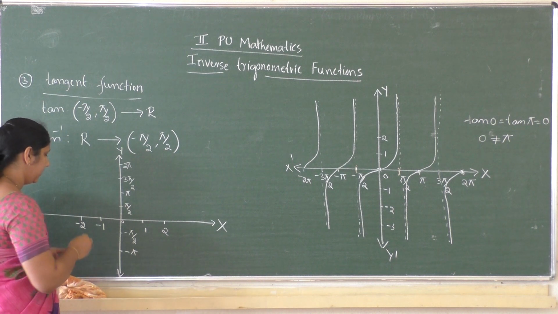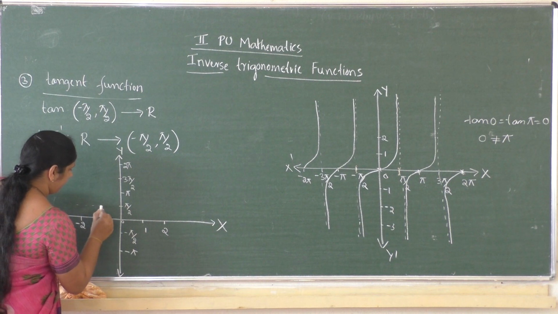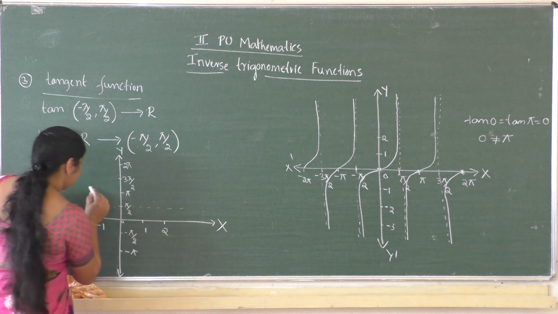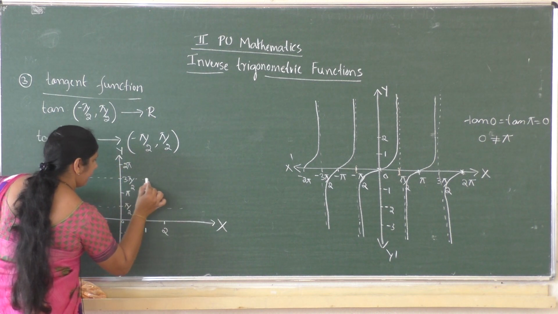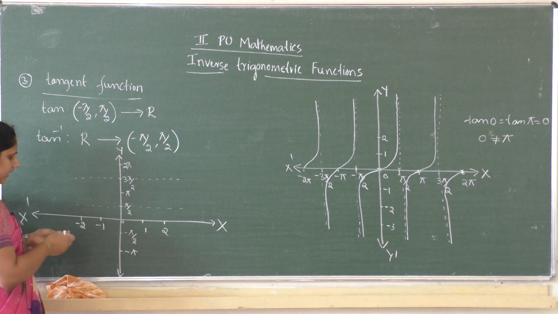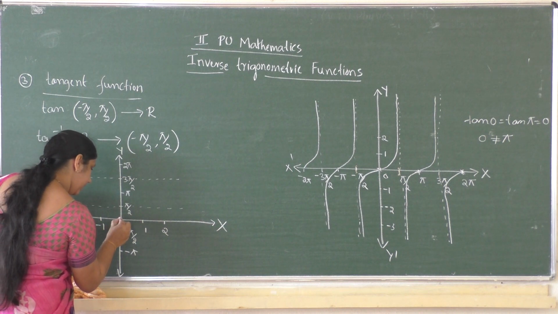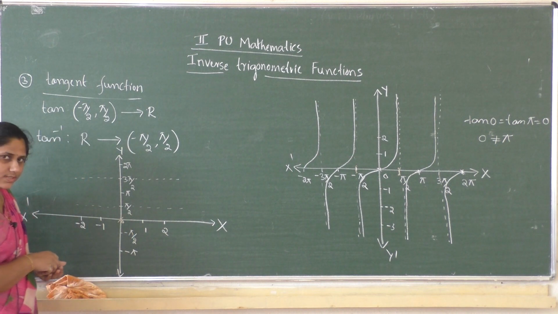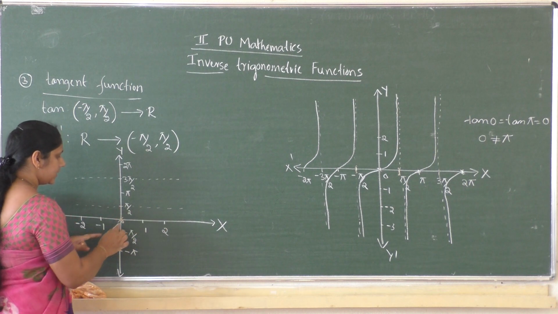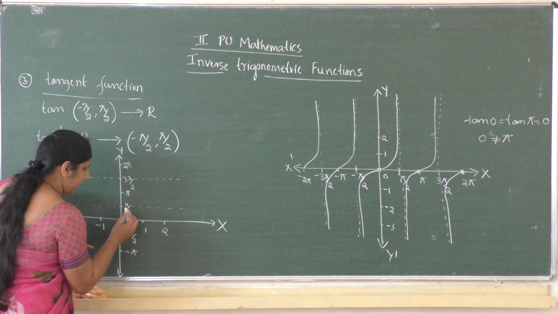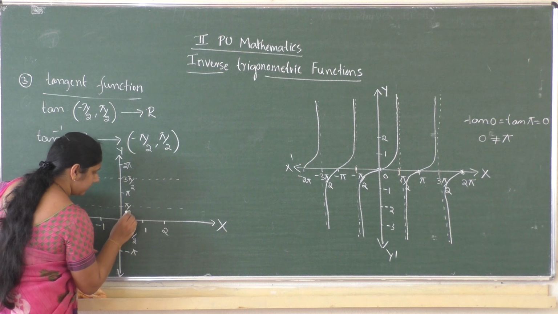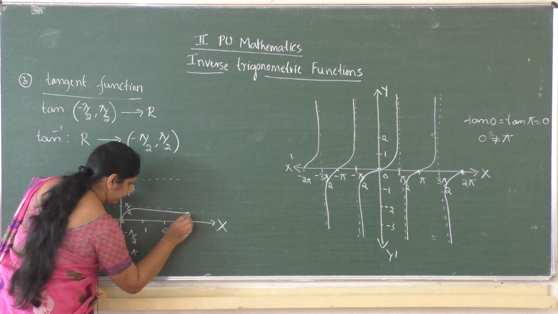Now we will do the graph. See, tan 0 value is 0, and at pi by 2 it is infinity, right? So the graph gradually increases, it is 0 to infinity.